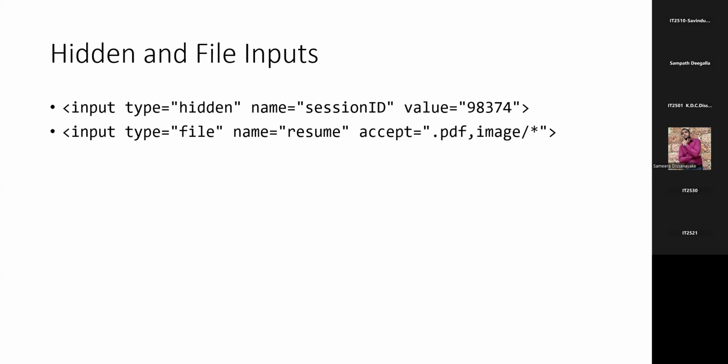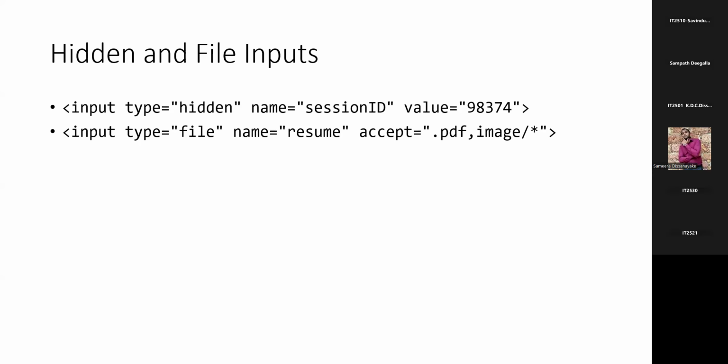Last one, you can also have hidden inputs. The first line here is hidden from the user. When you use this, it will not be displayed to the user, but it can be used to store quite useful values. For example, session IDs, meaning when you work with multiple different web pages in the same website, we can create a session to keep track of all the website the user visits.